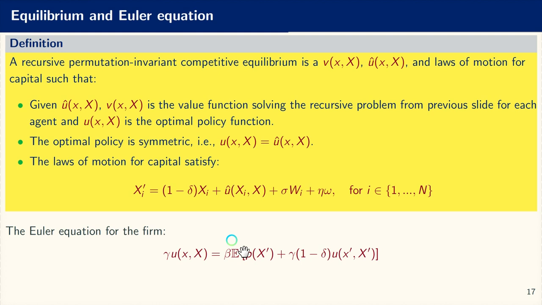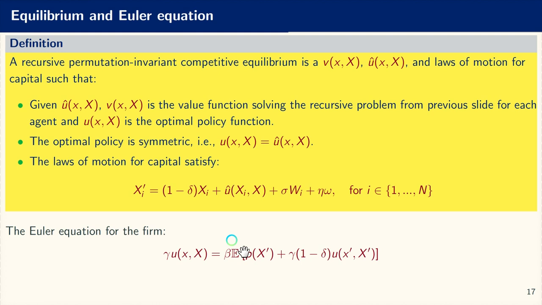definition as that of a standard recursive competitive equilibrium, except that we are going to impose that the optimal policies are symmetric. So we are going to have a value function, an optimal control U, and laws of motion for the capital, such that given the optimal policy functions, the value function is the value function that solves the recursive problem from the previous slide for each agent, and U is the optimal policy function.